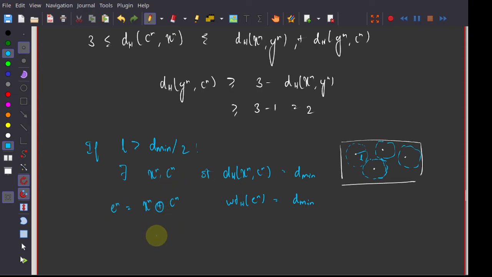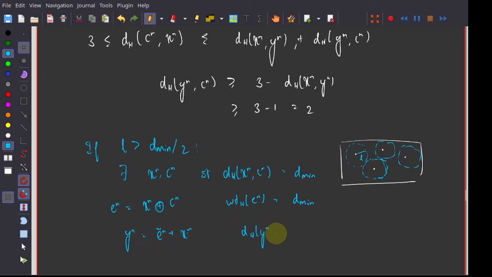Now I take this en and pick some L locations out of any L locations which are non-zero. Pick any L non-zero locations from this particular en and add it to xn. Let me call this yn.